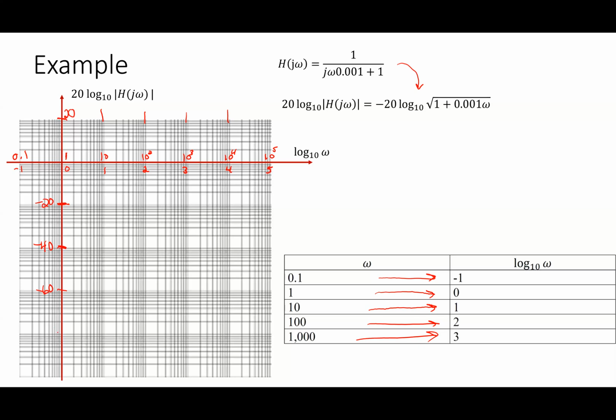It's because of the fact that it's 20 times the log. If I was doing it without that, it would have been 1, 0, -1, -2, -3, and so on. But because I have that 20 in front, it becomes that. Okay, so we've dimensioned that up.